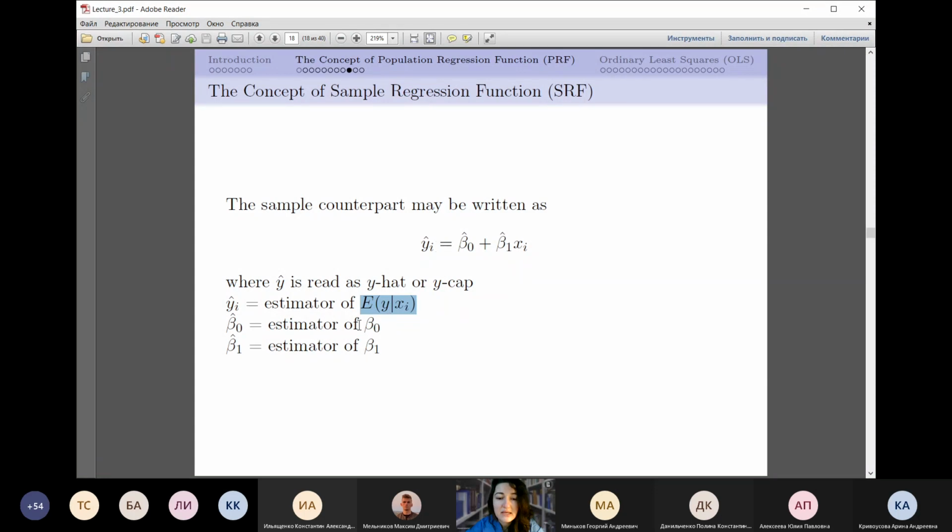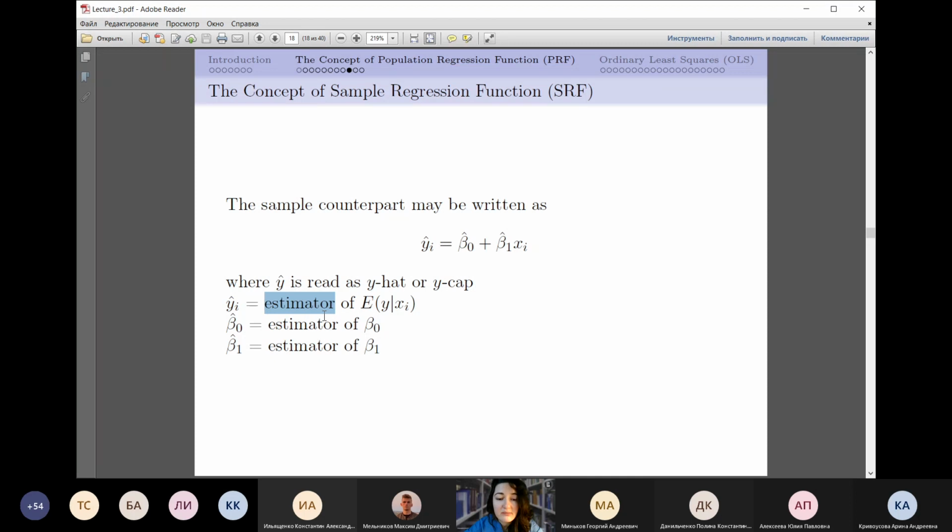So this is a sample statistic. You need to understand the difference between two definitions, estimator and estimate. An estimator means only some simple rule or formula or method that tells us how to estimate a population parameter from the sample.